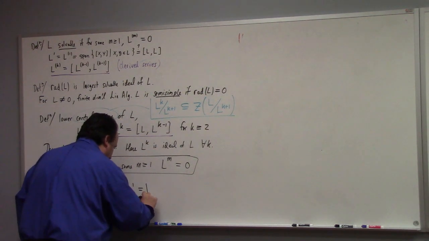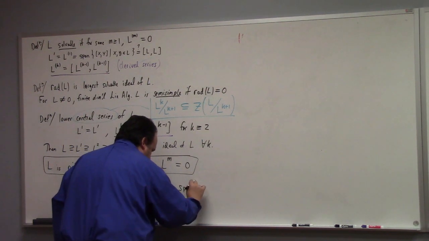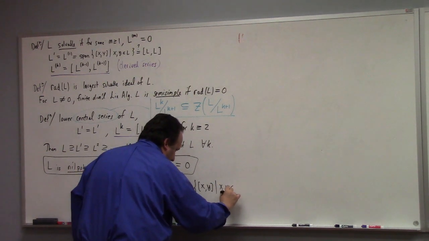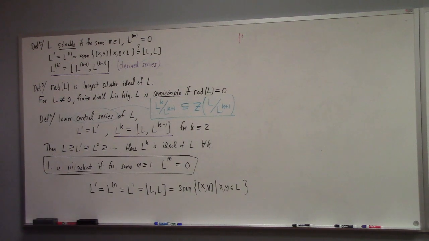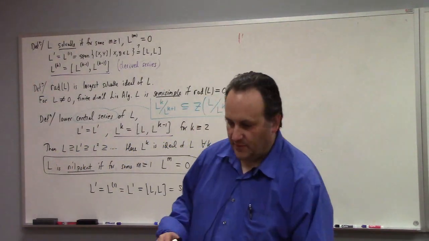And they're all equal to the bracket of L with L, which by definition is the span of commutators [x, y] such that x and y are elements of L. That's why, if you're trying to understand the distinction between these concepts at level 1, it's not a good place to try. You've got to get to at least 2 to see the difference.